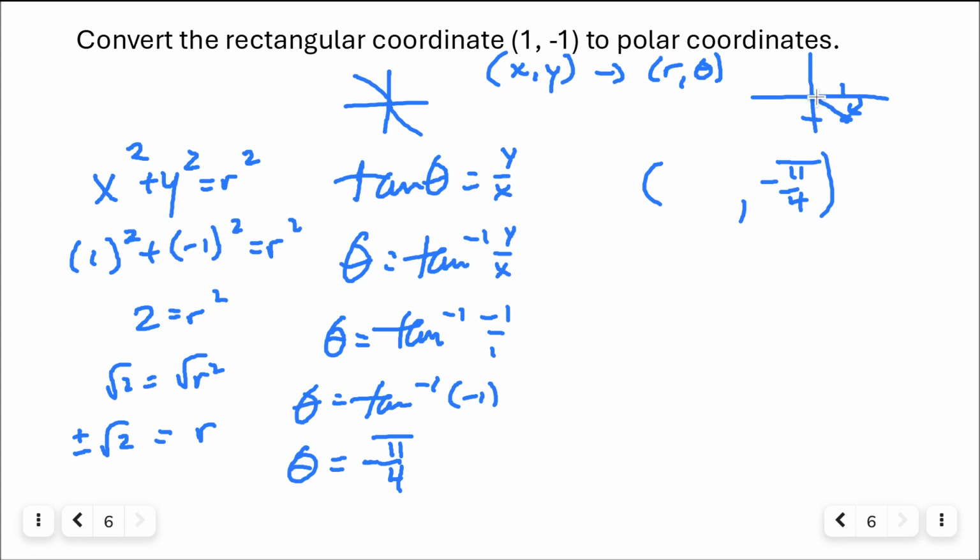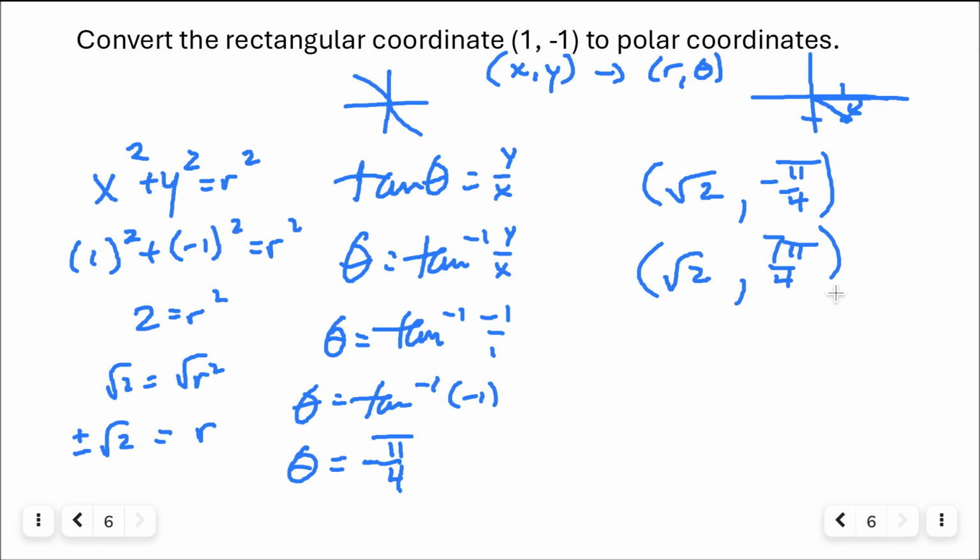So I would want to take just a straight shot from here down to there. So I would want to use root 2, the positive. So I just want to go out this way to that angle. I could also write this point as root 2 comma 7 pi over 4.